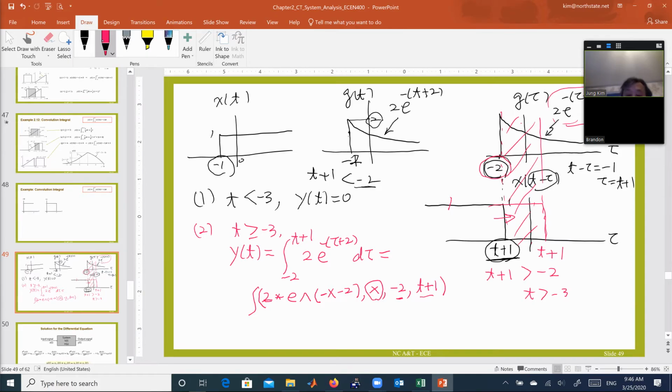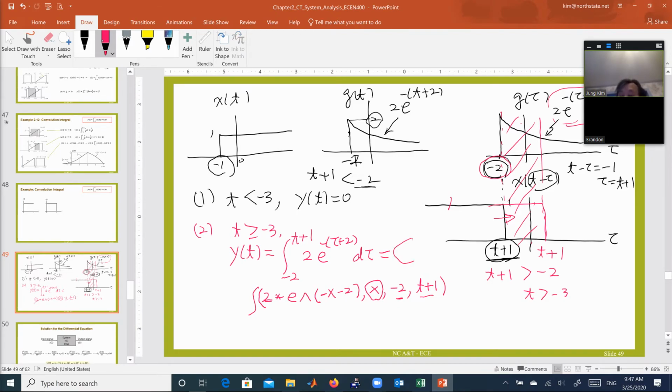The first value is 2, so 2 times e to the, using the exponential function on your calculator, parentheses minus tau minus 2, and comma x comma. I think you can get the integration result.